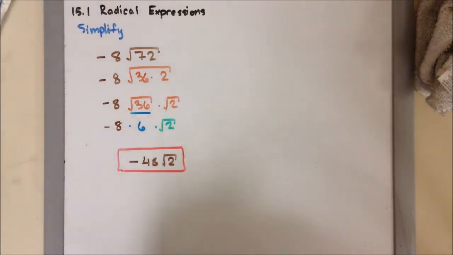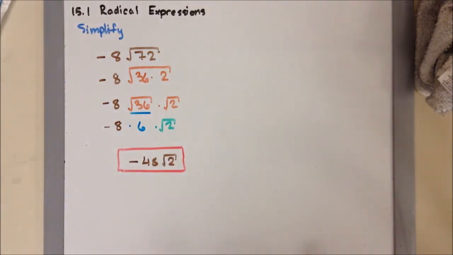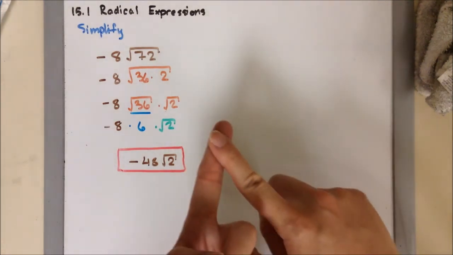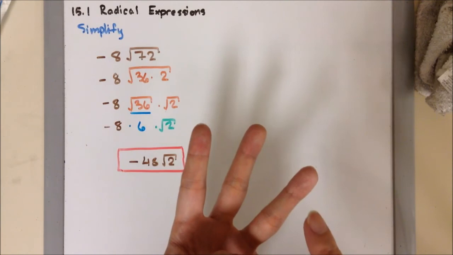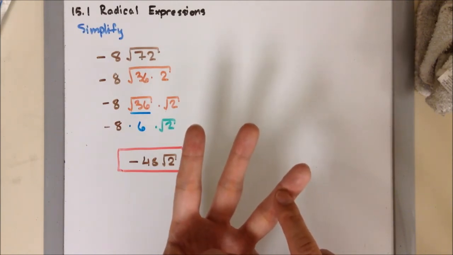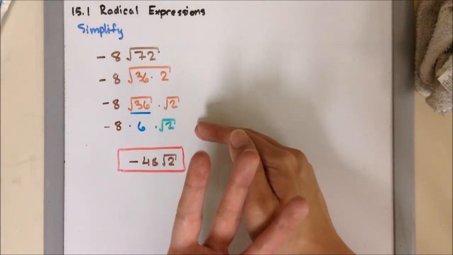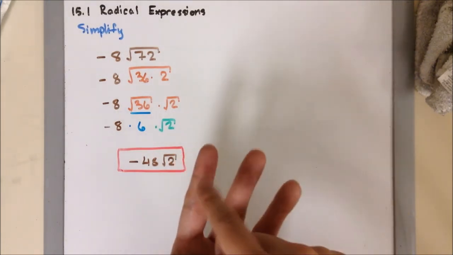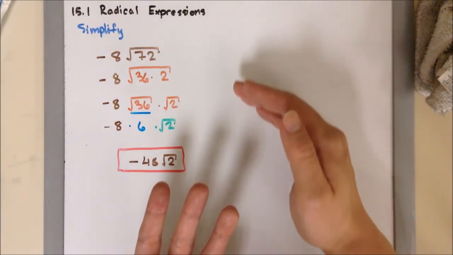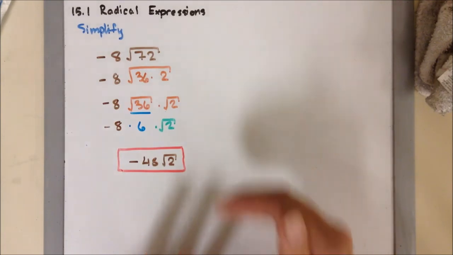So to review with this particular example, 72 had 3 possible perfect square numbers, which are the 4, the 16, and the 36. Now again, like I mentioned before, 36 is a higher perfect square number, meaning that if you use it, you do fewer steps. Whereas with 16 and 4, you would do more steps. If you were to use 4, you would do multiple steps of breaking it down and doing multiple square roots.